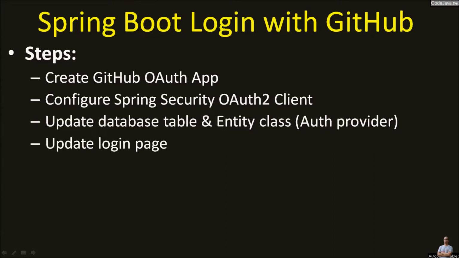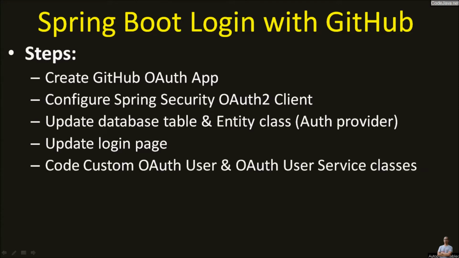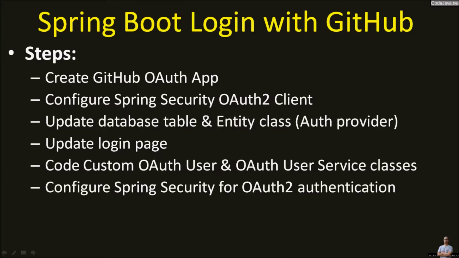And then we need to update the login page, adding a hyperlink login with GitHub. And we need to code custom OAuth2 user and OAuth2 user service classes. And we need to configure the Spring Security for implementing OAuth2 authentication with GitHub.